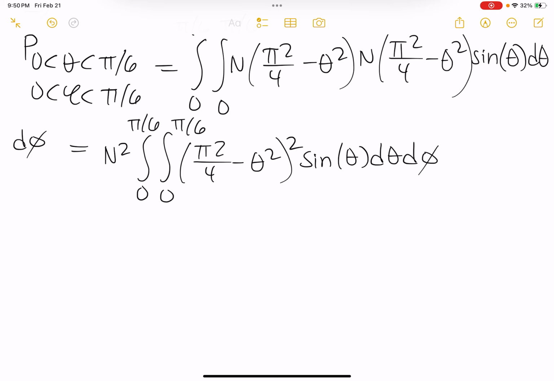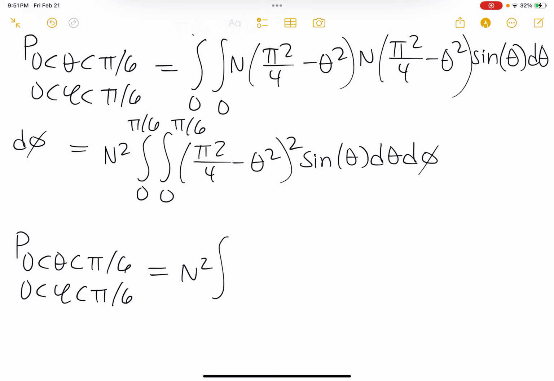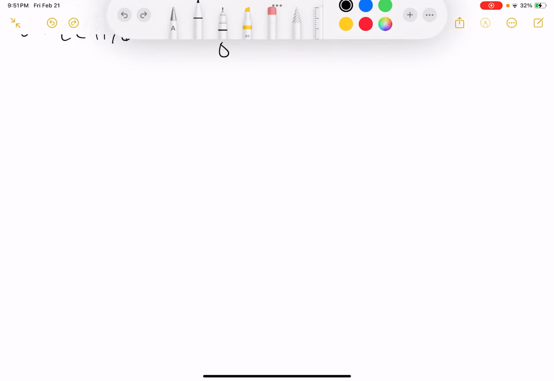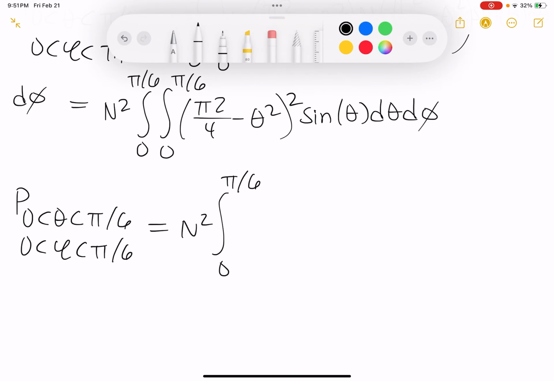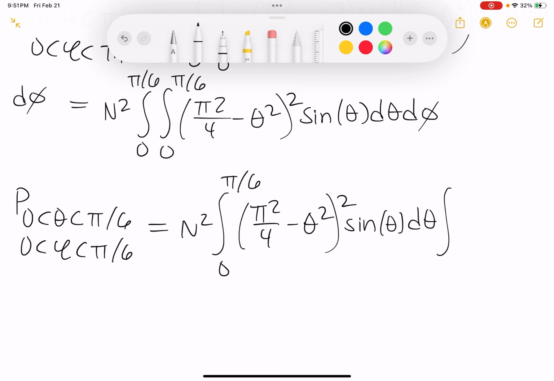It's separable, so we can write the probability of measuring between 0 and pi over 6 for theta and 0 and pi over 6 for phi to be N squared times the integral from 0 to pi over 6 of (pi squared over 4 minus theta squared) all squared, sine theta d theta, times the integral from 0 to pi over 6 of d phi.